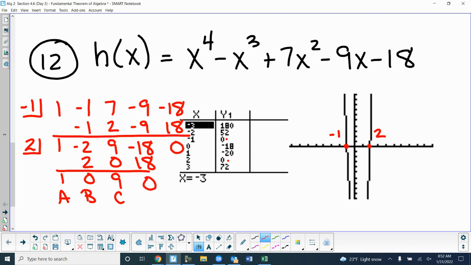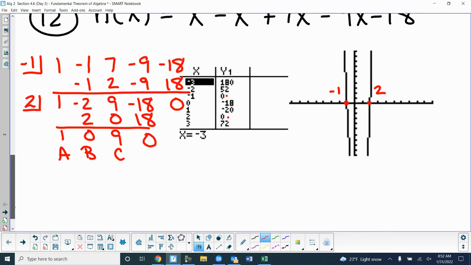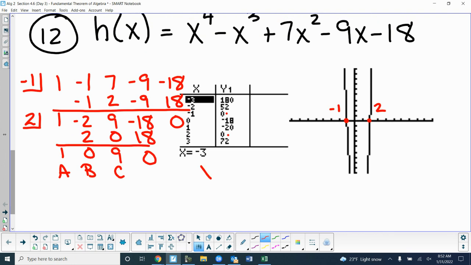But since the b value is 0, do I have to use the quadratic formula? No. So just write x squared plus 9 equals 0, and solve that equation. So all you're going to do is subtract 9 and get x squared equals -9. And then what do I do to get x?